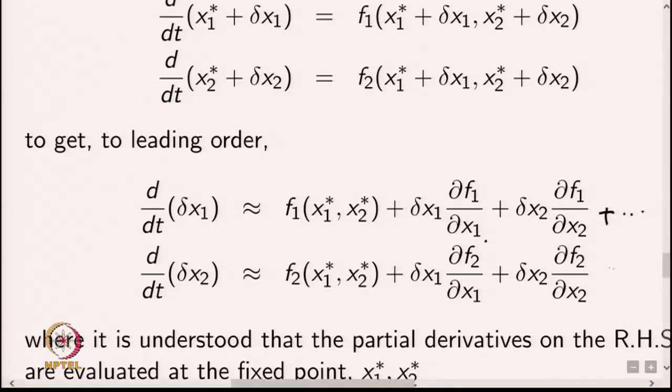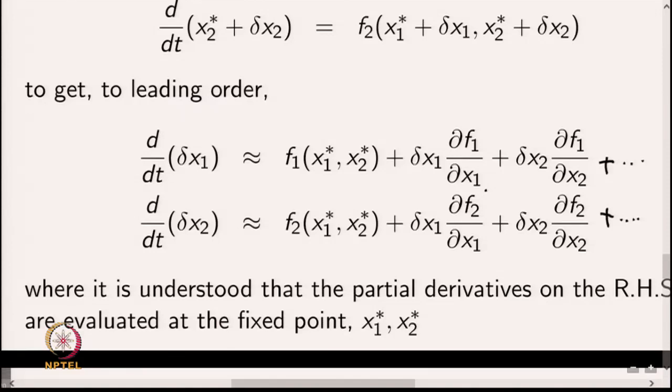A similar equation holds for delta x2. These partial derivatives, from Taylor's theorem, have to be evaluated at this fixed point x1 star x2 star.